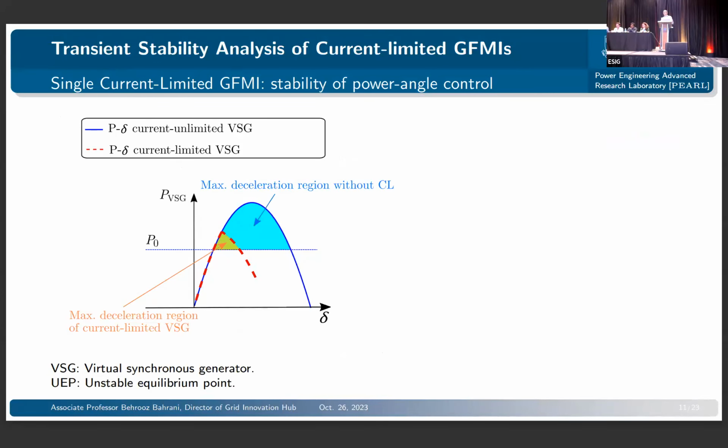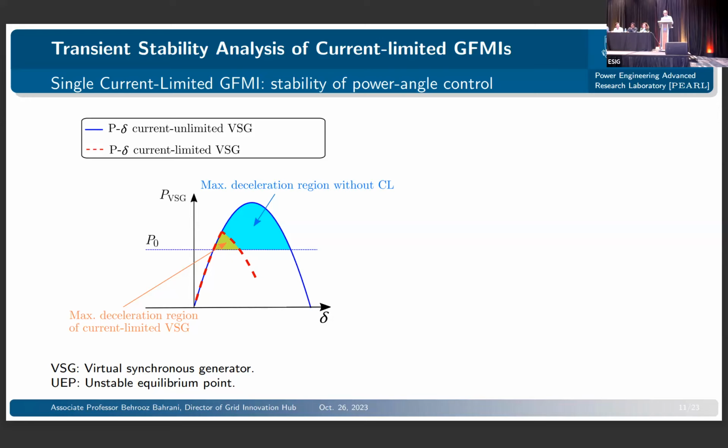Now, when you want to analyze the transient stability, obviously one way is to use the EAC criteria, as we would for synchronous generators. And if we didn't have any current limiter, it would be essentially identical to synchronous generators, but we do have current limiters. What I'm showing here, the blue one, is essentially the deceleration region for a grid forming inverter without any current limiter.